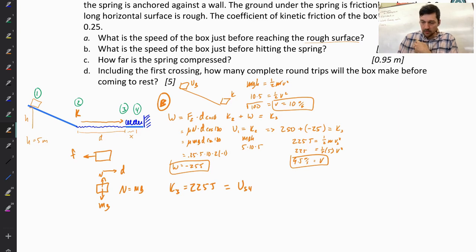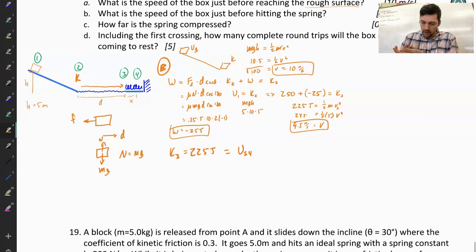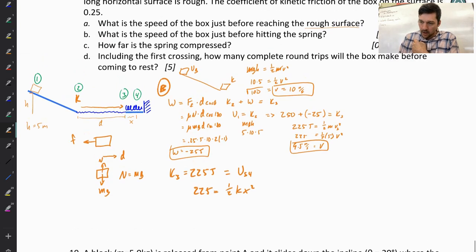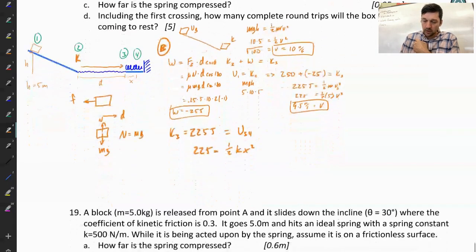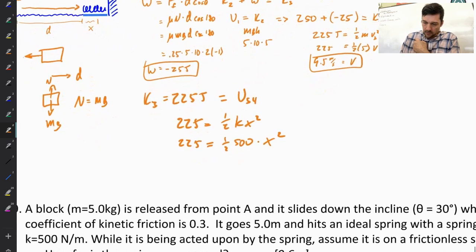So this becomes one of our easier calculations. We've got kinetic energy 225 equals 1/2 k x squared, and conveniently we are told what the spring constant is. So it's 225 equals half of 500 times x squared.